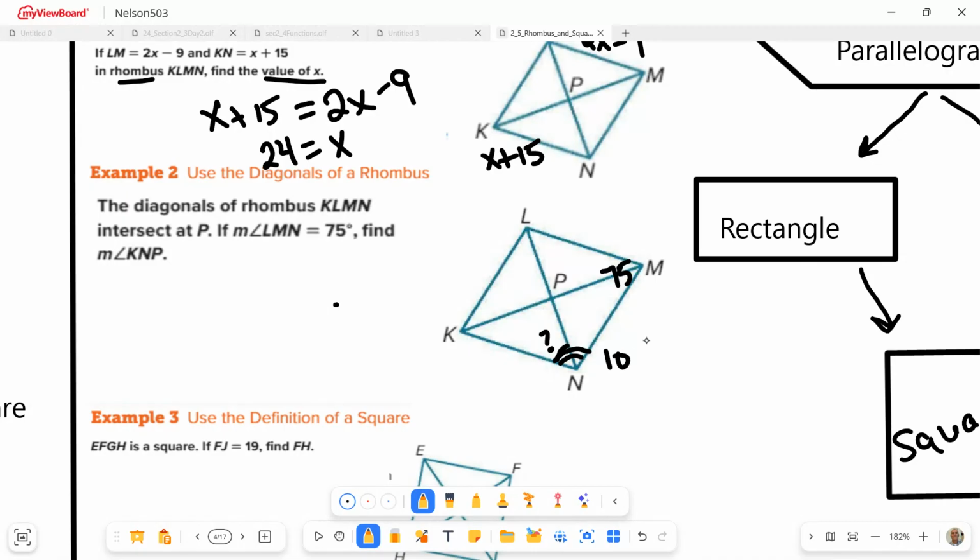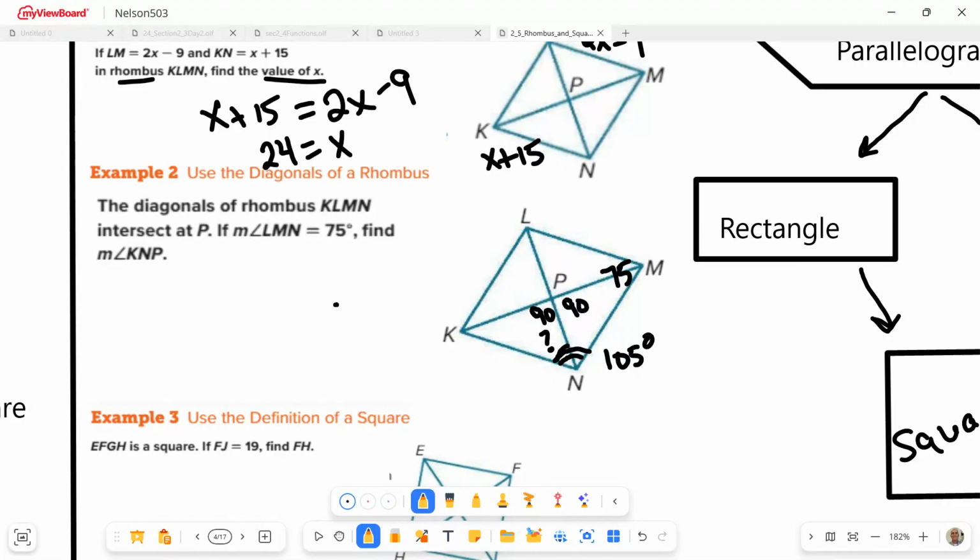Now, can I tell which diagonal is bisecting the angle up there? I don't know, but I do know that I've got a 90-degree angle here. I'm looking for K and P. I've got to find that angle right there. So this is 90 here.